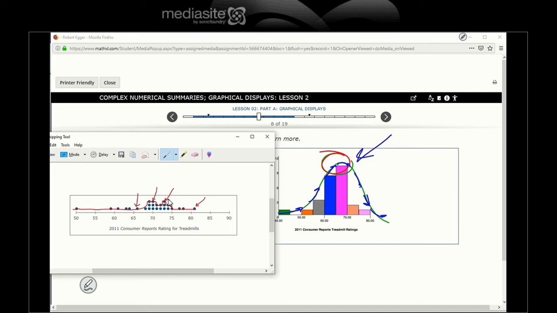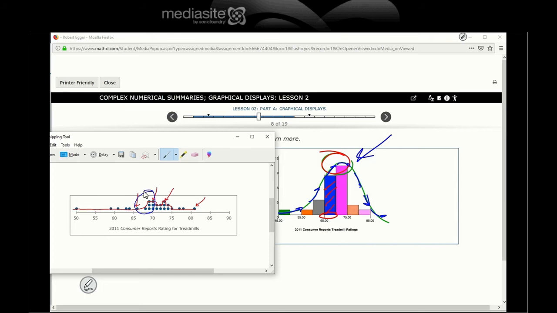To make this histogram, basically, see, that column between 65 and 70, they essentially took all the data points between 65 and 70.